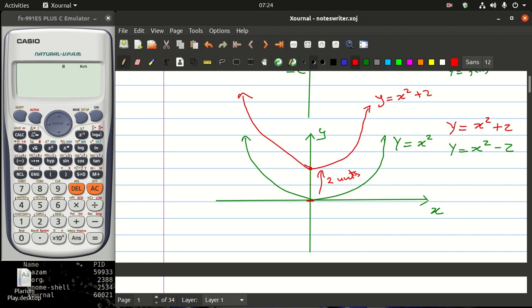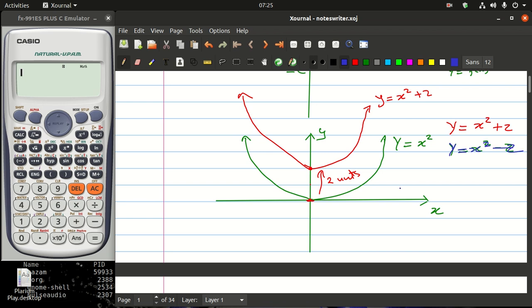Now, this curve is saying that I want you to take this function, f of x is equal to x squared, and then shift it 2 units down. I want to move this point, let me use a blue, because it's different.